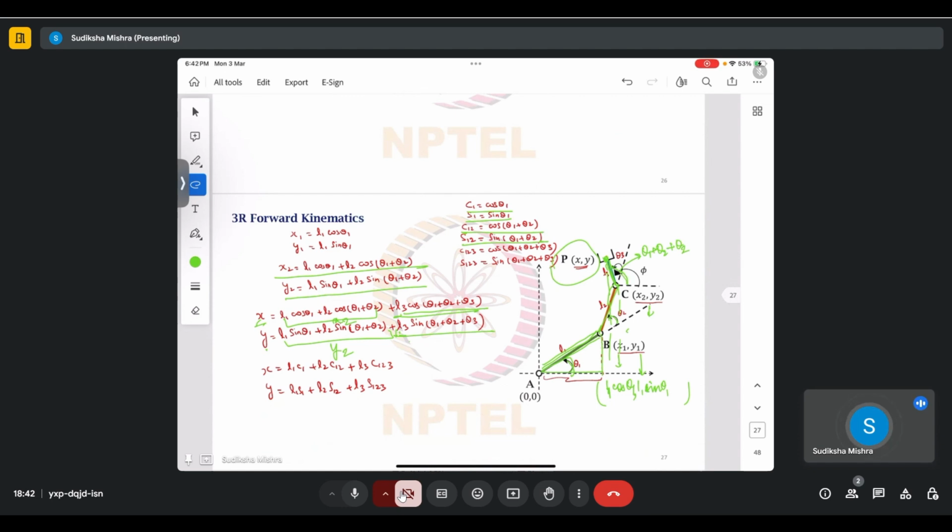So x can be written as L1 C1 plus L2 C12, which is cos of theta 1 plus theta 2, plus L3 C123, which is cos of theta 1 plus theta 2 plus theta 3. And similarly y can be written in this form.